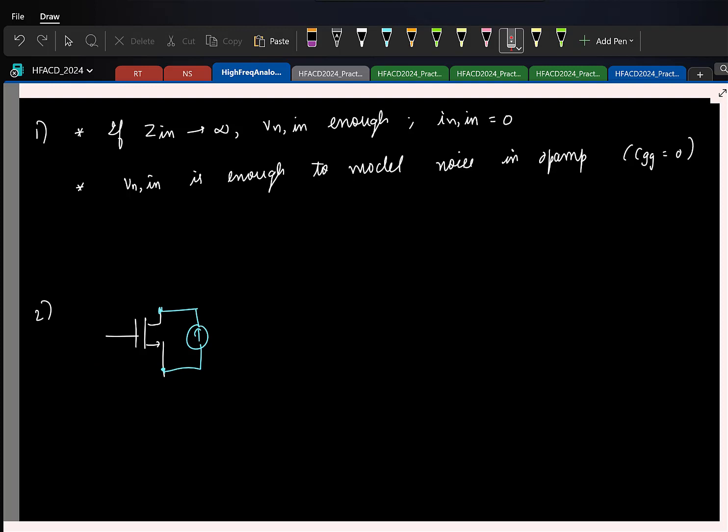So to model the noise here, you just need a voltage at the input. The current has a power spectral density of 4kT gamma times gm. The voltage here will have a power spectral density of 4kT gamma by gm. This is again assuming that the gate capacitance is 0. So essentially at low frequencies, this is perfect.